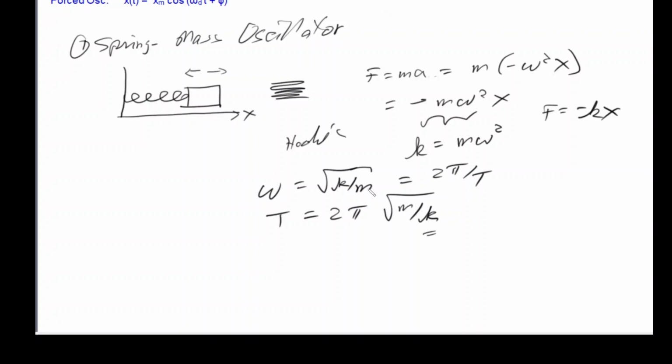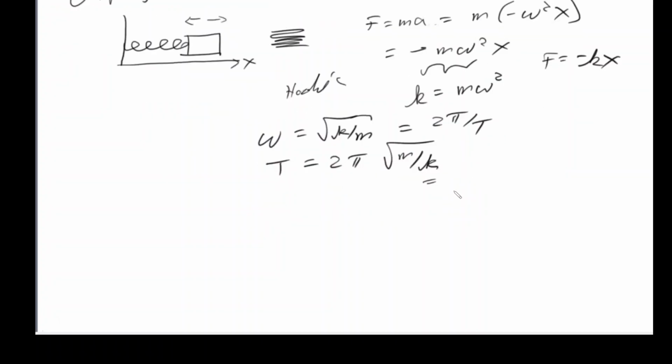It'll move slower, but the period will be larger. It'll take more time to do that. And note that the horizontal spring mass is basically similar to a vertical spring mass. The only difference is where you set your equilibrium point of x equals 0, because this will hang and gravity will pull this down, but otherwise the math is the same.